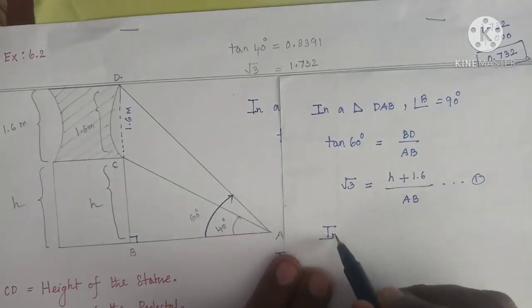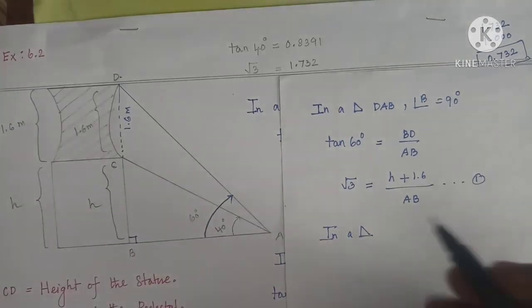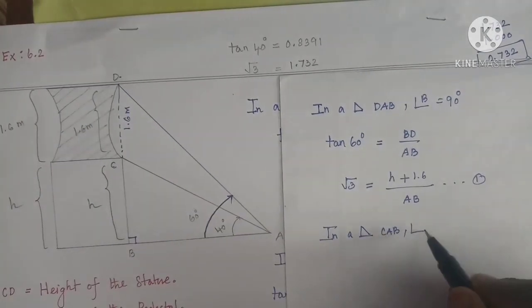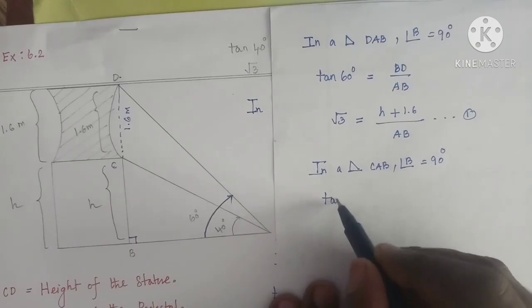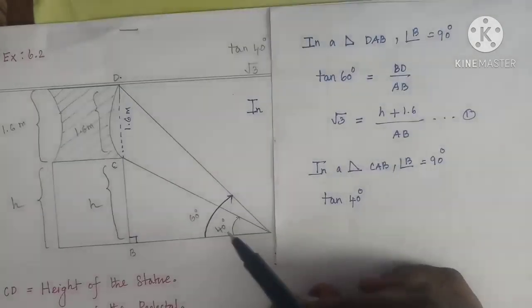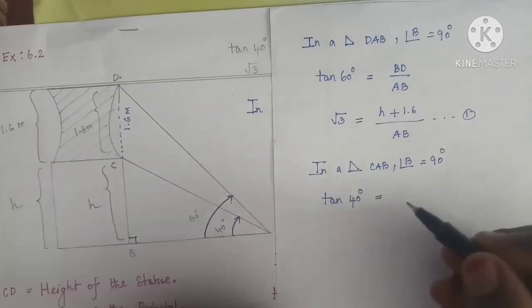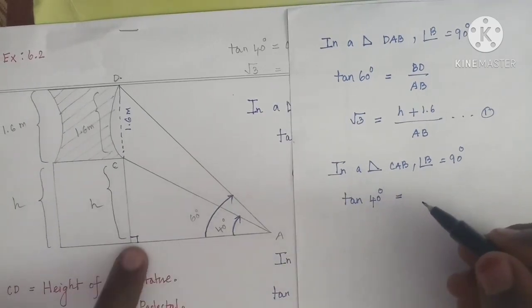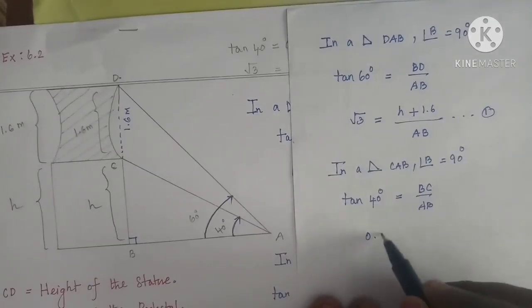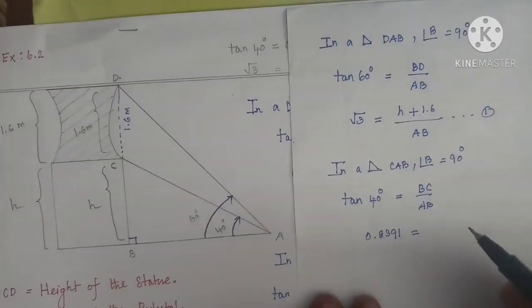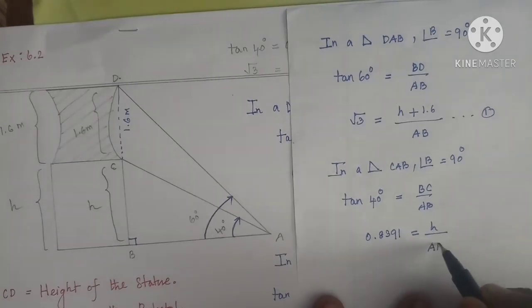Next, in right triangle CAB, angle B equal to 90 degrees. Here also the angle of elevation is 40 degrees. So tan 40 equals the opposite side BC by the adjacent side AB. Tan 40 value 0.8391 is given, so BC is H, giving H by AB.